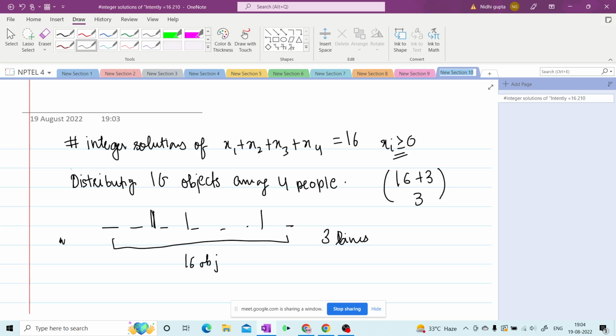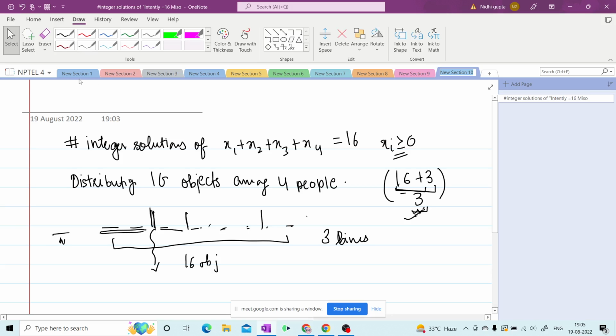A line indicates that the distribution for the first student has stopped, the second line indicates that the distribution for the second student has stopped. So you have 16 laddus and have to place 3 lines, so you have 19 places and 3 lines to put. So it will be 19 choose 3.